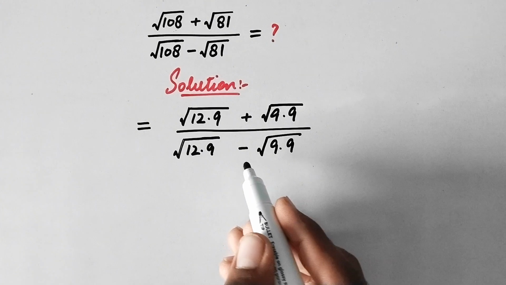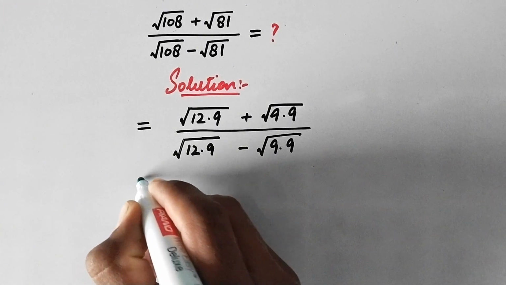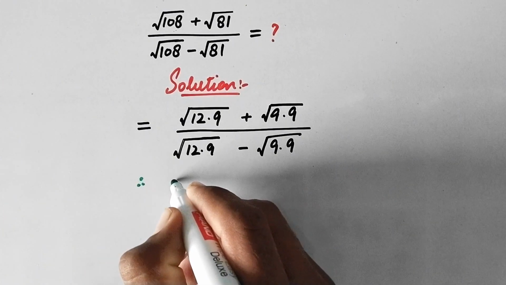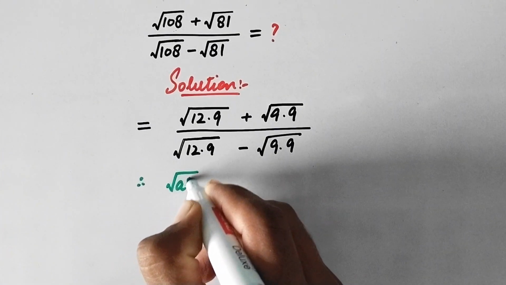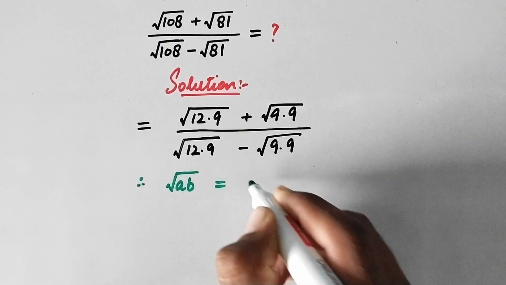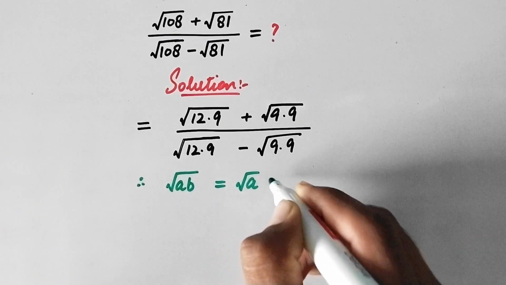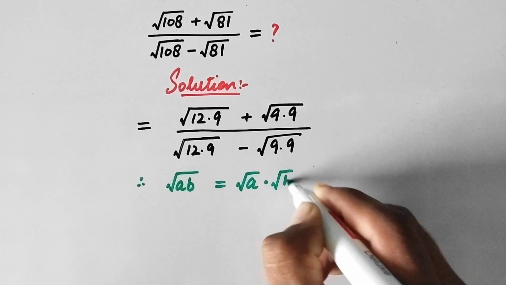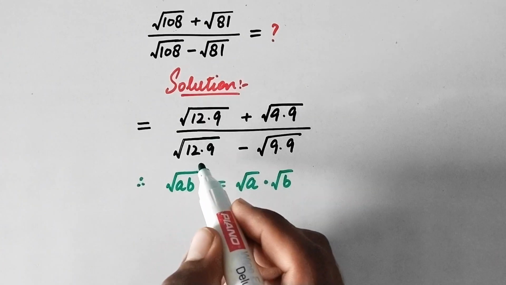So now here we will follow a property of maths, that is, if we have values in this way, square root of a times b, then it may be written as square root of a times square root of b, which means that we can write these values with separate roots.